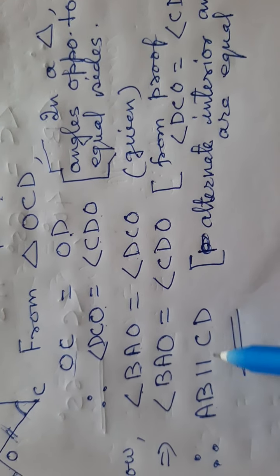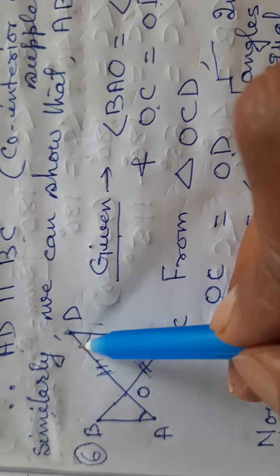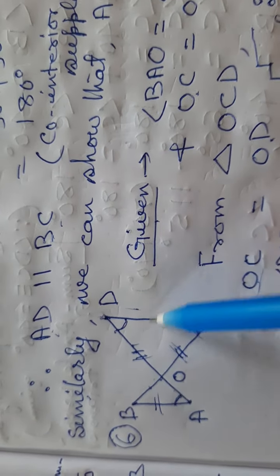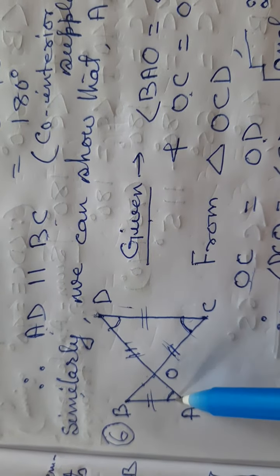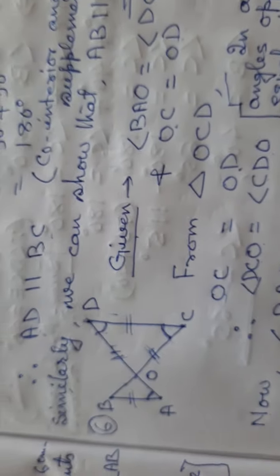Therefore, AB is parallel to CD, since this angle is equal to this angle. These two lines are parallel because alternate interior angles are equal. Now, question number 7.